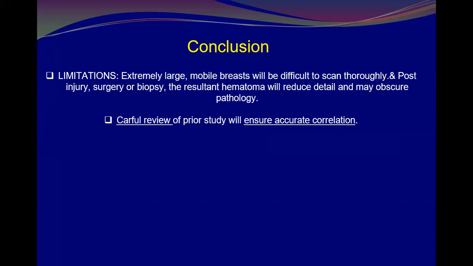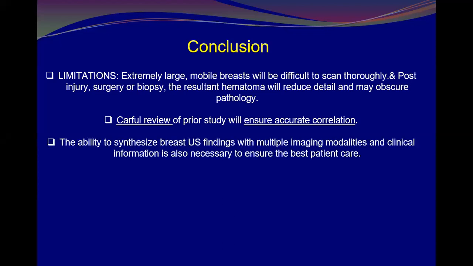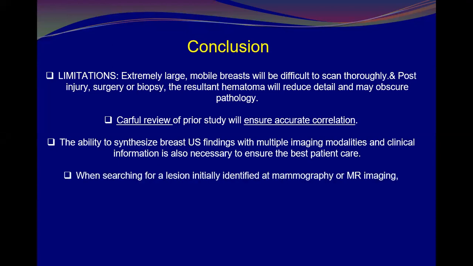So it's important to have a careful review of prior ultrasound studies to ensure accurate correlation, and the ability to synthesize breast ultrasound findings with multiple imaging modalities and clinical information is also necessary to ensure good patient care.